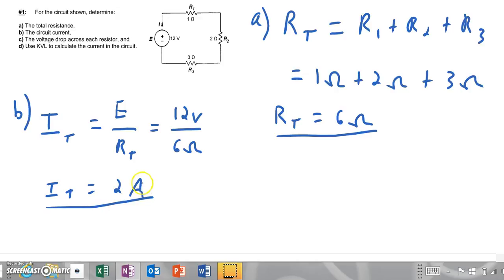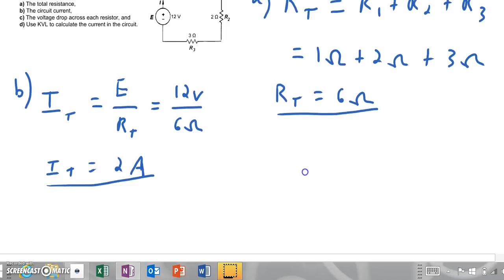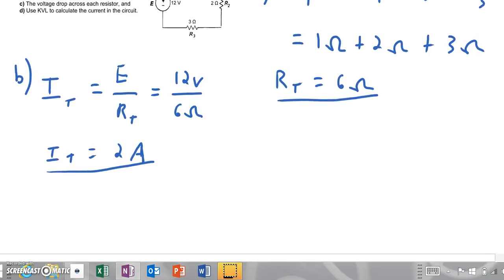Now, in part C, we are asked to calculate the voltage drop across each resistor. We will now apply Ohm's law individually to each resistor. If we write Ohm's law for voltage, we have V equals I times R. Remember that in a series circuit, each resistor has the same current through it.